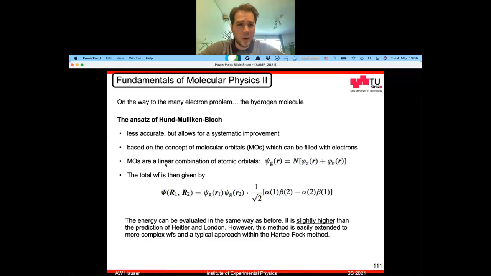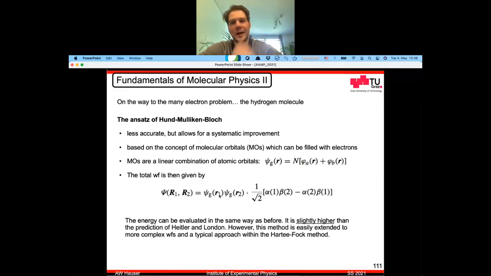We say molecular orbitals are a linear combination of our atomic orbitals, and we build the total wave function again as an antisymmetric or antisymmetrized product of these orbitals.